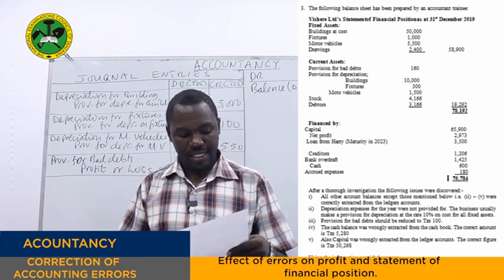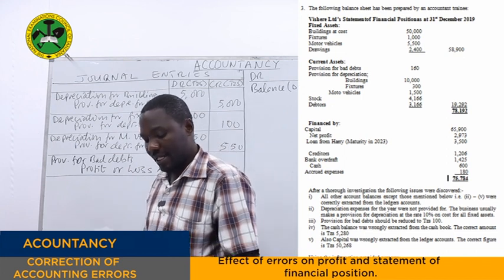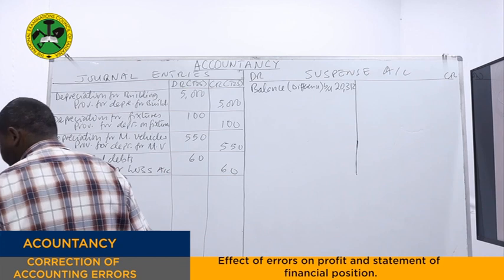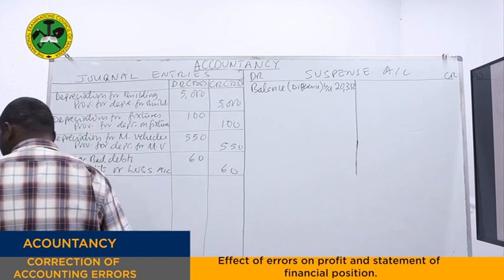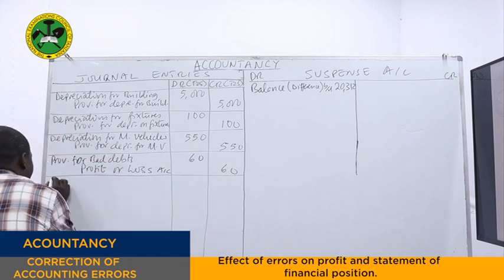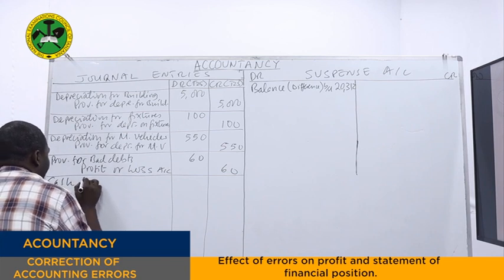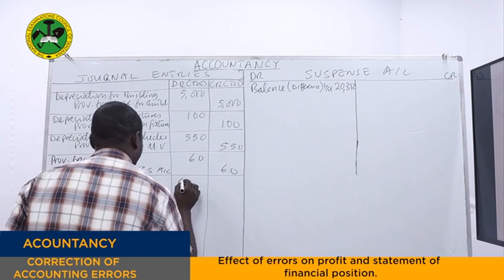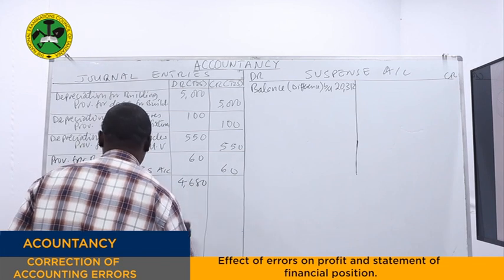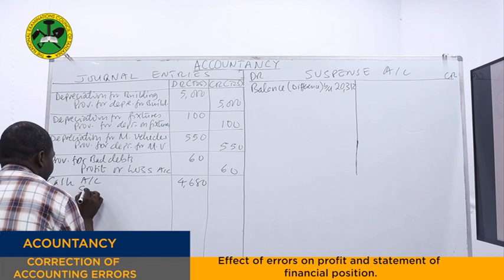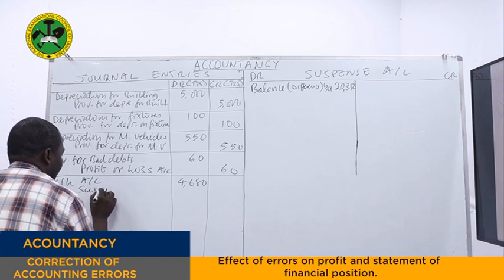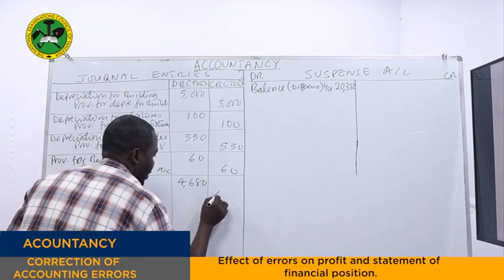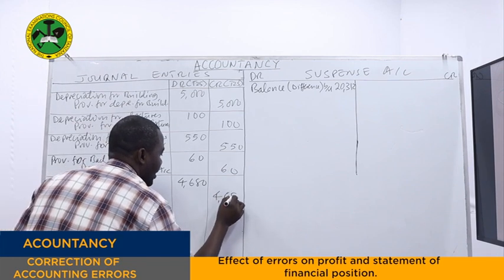the suspense account because it was wrongly extracted. So we debit cash account by the difference, that is 4,680. We credit suspense 4,680.